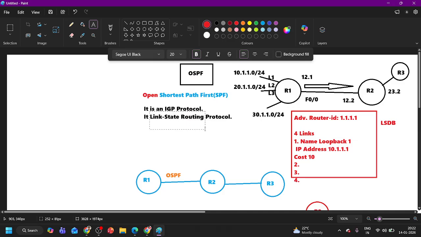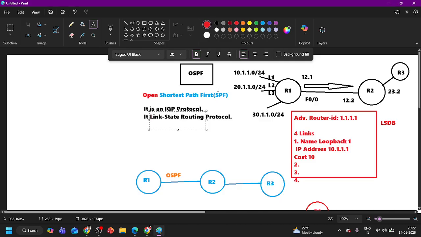Like distance vector routing protocol calculates metric based on hop count. That is the property of distance vector routing protocol. Even that is the disadvantage of distance vector routing protocol, because it is not using link properties. But link state routing protocol calculates metric based on link properties. It is going to use the bandwidth of the link.